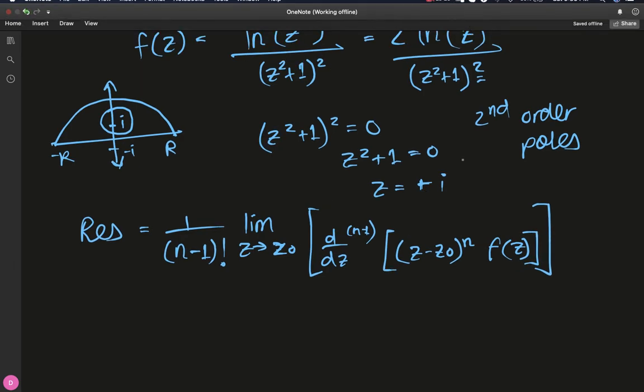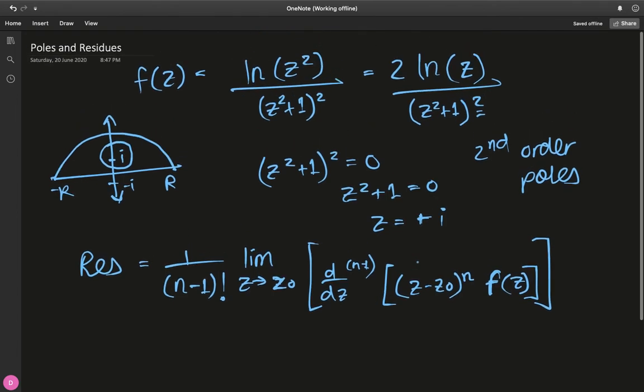So this is the general expression for a residue with poles of nth order.